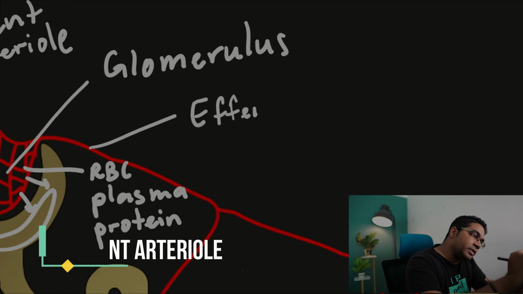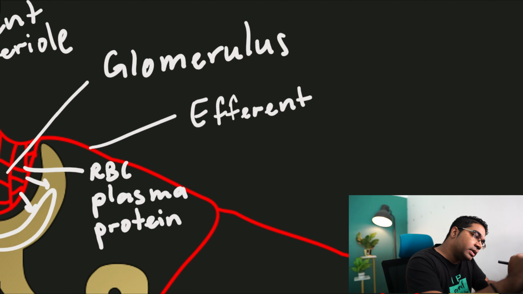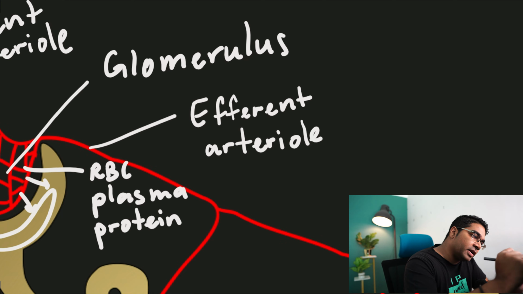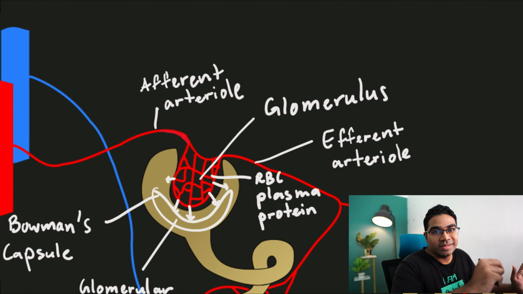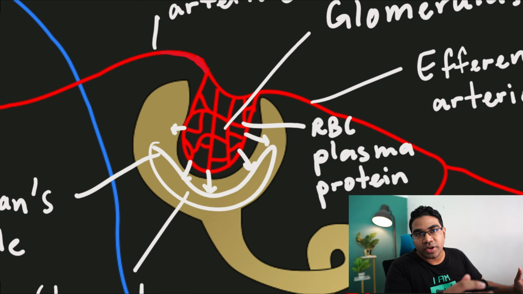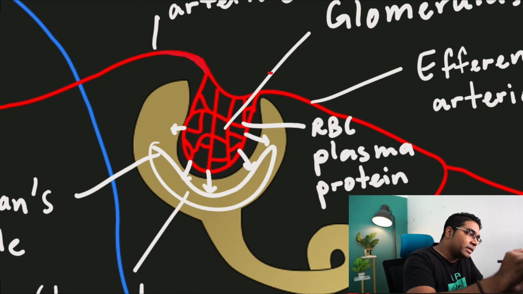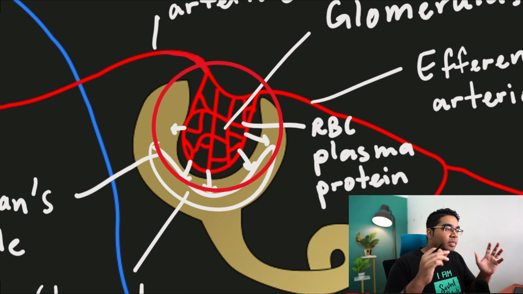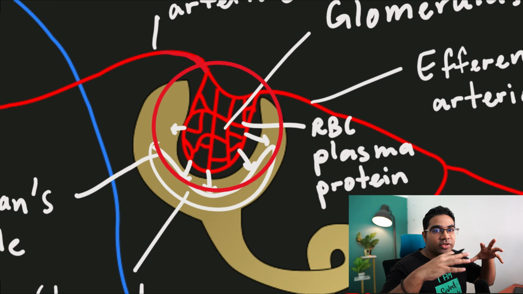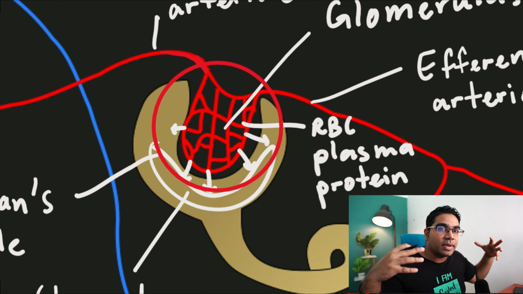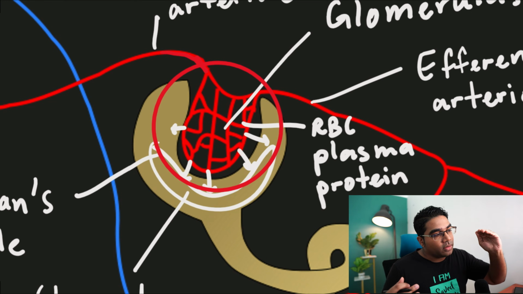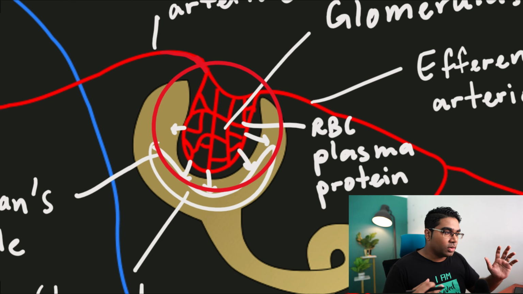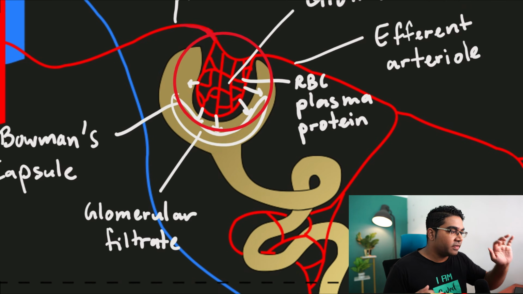So the efferent arteriole has a smaller diameter compared to the afferent arteriole. And because of this, there will be high hydrostatic pressure of the blood inside the glomerulus, which forces the plasma out, except for RBC, red blood cells, and plasma proteins.